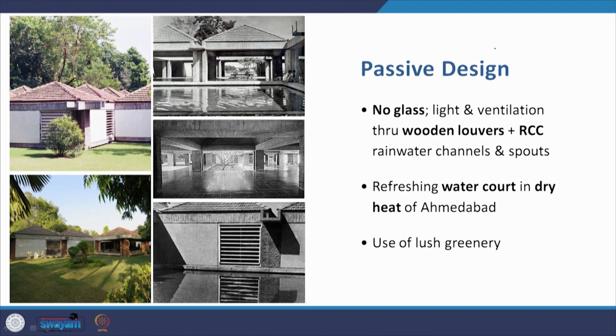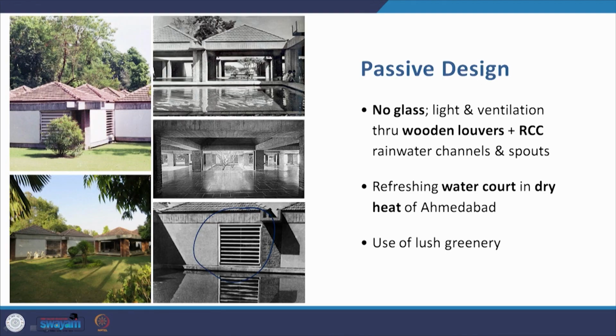The passive design that has been applied here is that no glass has been used. For light and ventilation, these louvers come into play. These louvers play the role of pulling in natural light. Of course, natural light is also seeping through the building from under the pyramidal roof, and the overall light within the building is so gentle, there is no glare at all anywhere.